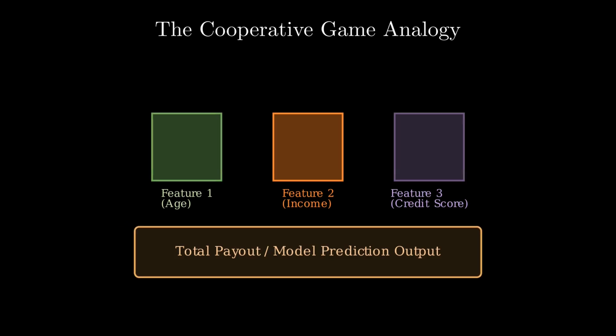Now, here lies the classical game theory dilemma. If the team makes a great profit, how do you fairly distribute that total payout among the members? Some features are highly influential, while others may only be powerful when paired synergistically with someone else.